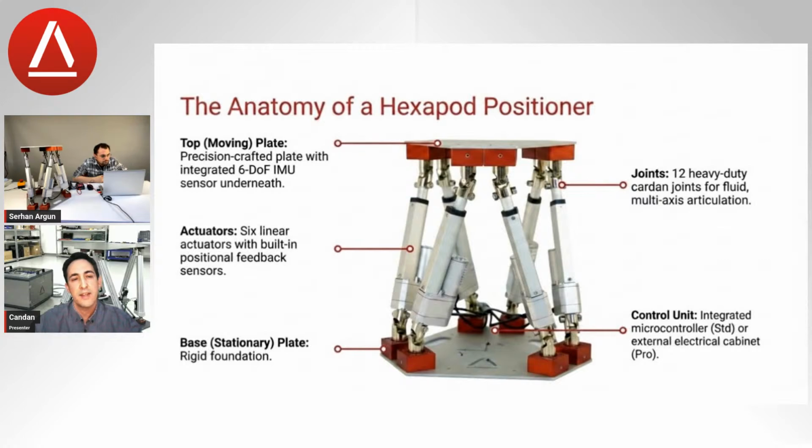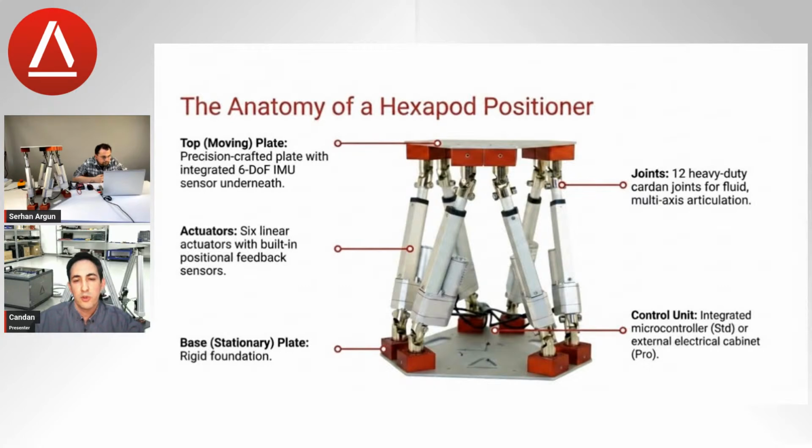It controls the actuators to move linearly, measures their position, and measures the top plate's position and orientation, along with all the related algorithms to position and move the Stewart platform. So the controller is the brain of the product, in other words.